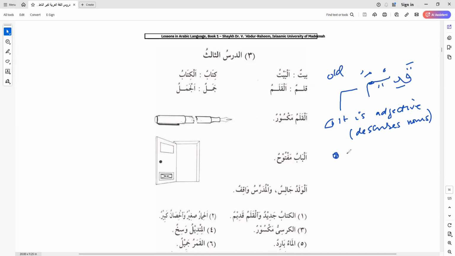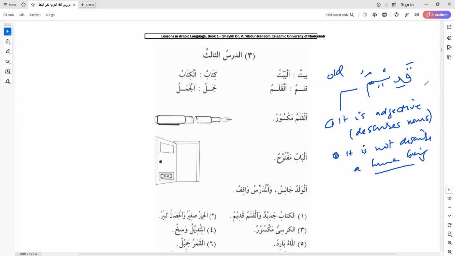This adjective qadim is not used to describe a human being. Very, very important. So don't say your friend is qadim. If you say your friend is qadim, you're basically treating your friend like he's an object. So we don't use the word qadim to describe a human being when we're trying to express the idea that the person is old in age.